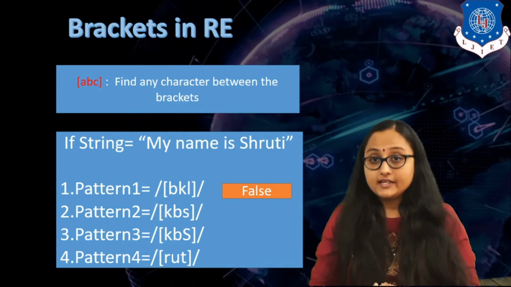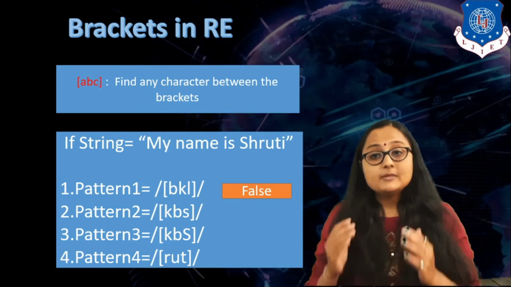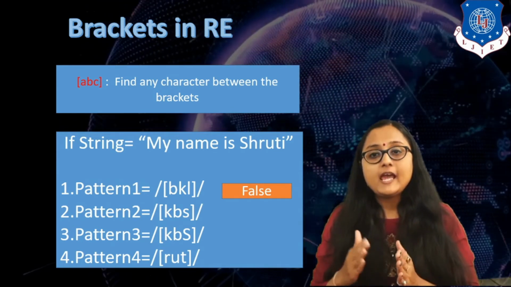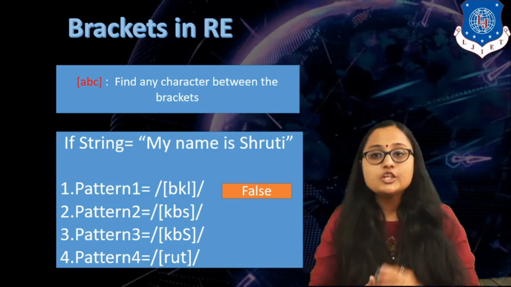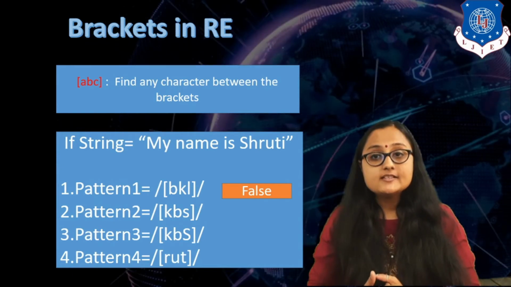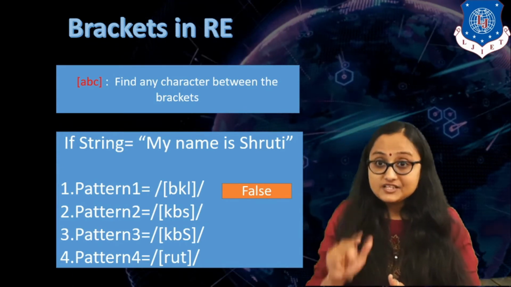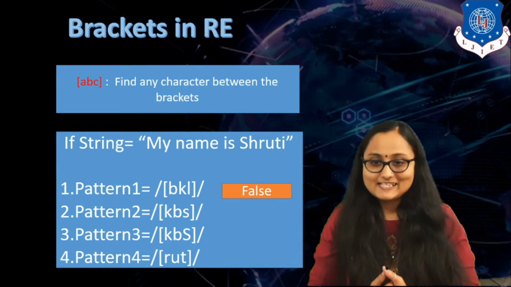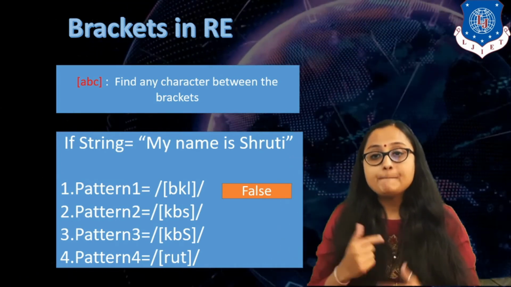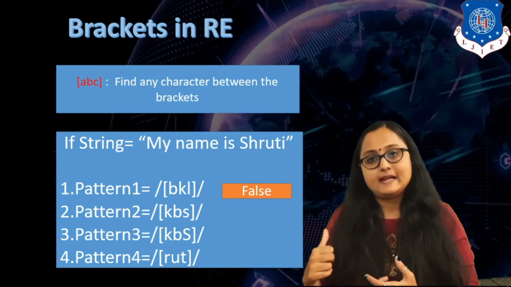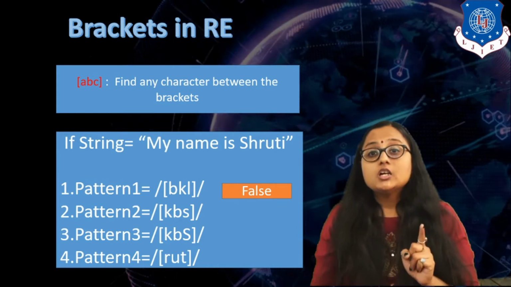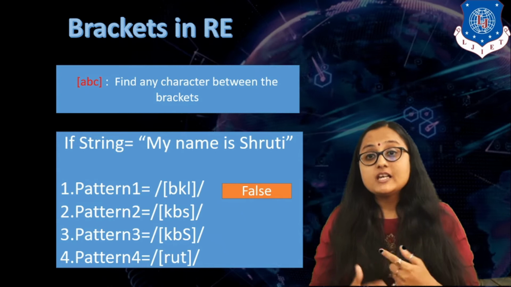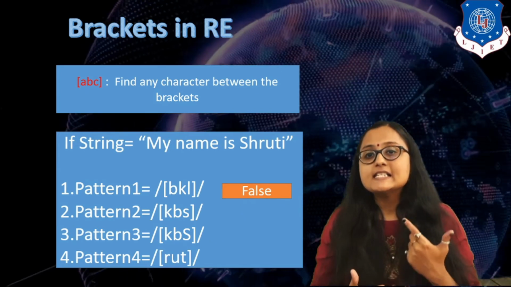Let us take the second pattern. My second pattern consists of K, B, S. Again, is K present inside my string? No. Is B present? No. Is S present inside my string? Yes, Shruti consists of S, but you can see that inside this pattern I have not used the modifier I. It means my search will be a case sensitive search.